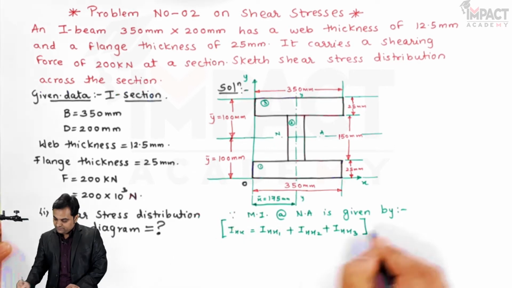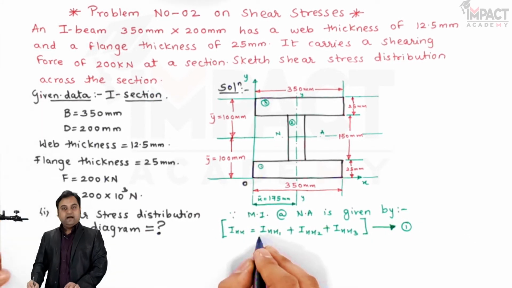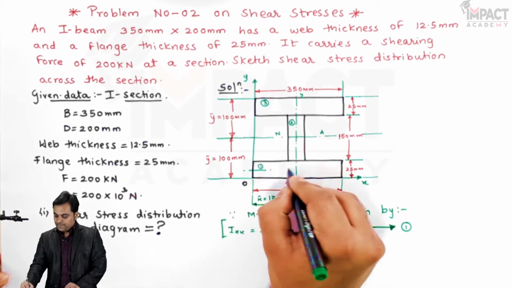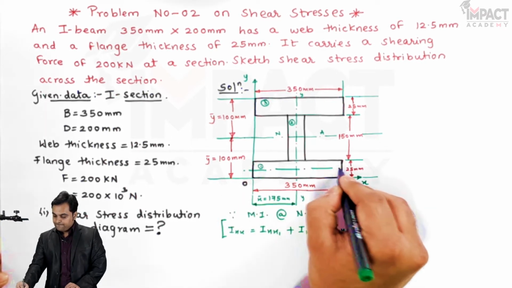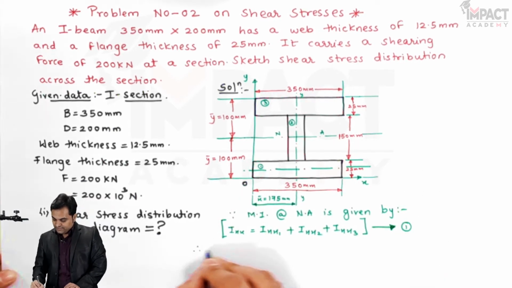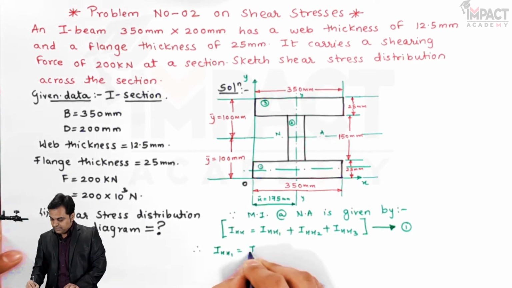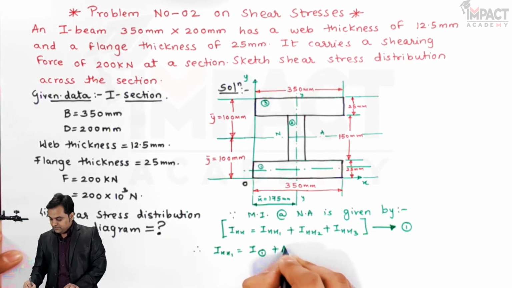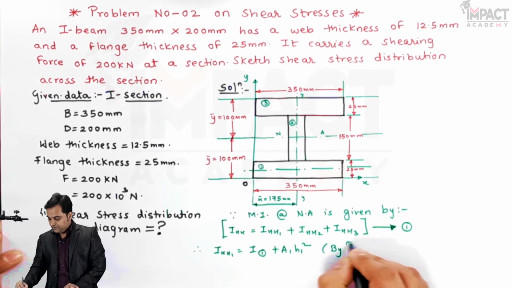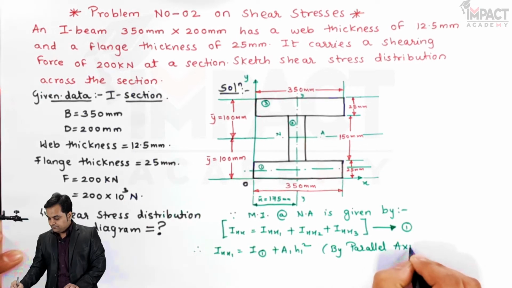Keeping this as the first equation, then Ixx1 is the moment of inertia for rectangle 1 about the neutral axis, and therefore Ixx1 would be I1 plus area 1 into h1 square. This is by using parallel axis theorem.